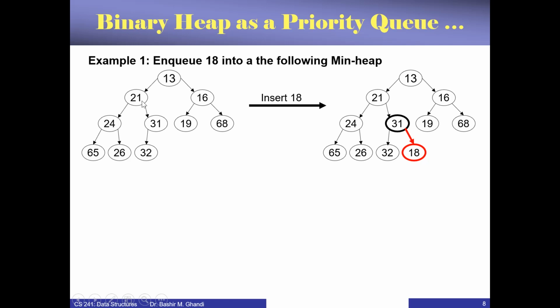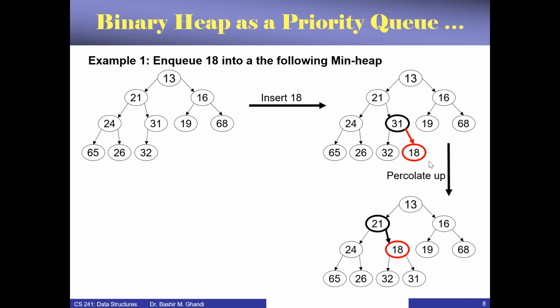Since this is a min heap, that's what we are going to do. 18 definitely is smaller than 31, so 31 will come down to replace the 18, and 18 will go up to replace the 31. So basically we are swapping the two elements. This is step number 1.